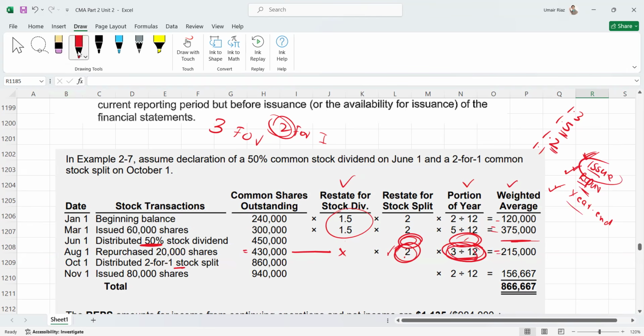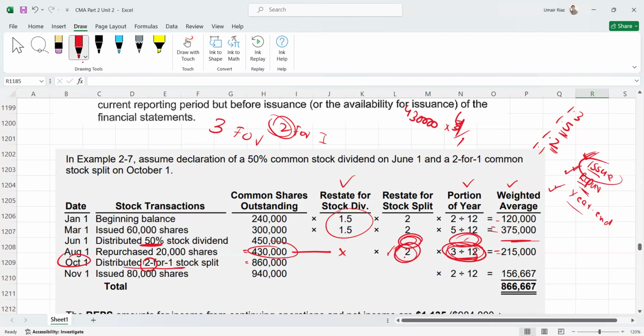Next transaction is what? On November 1, we issued. Oh, sorry. Next transaction is October 1. October 1, we distributed a 2 for 1 stock split. How did you get this 860,000? We'll take the old shares, 430,000, and multiply by 2 by 1, because 2 for 1 is there, right? If it is 3 per 1, we'll multiply 3 by 1.